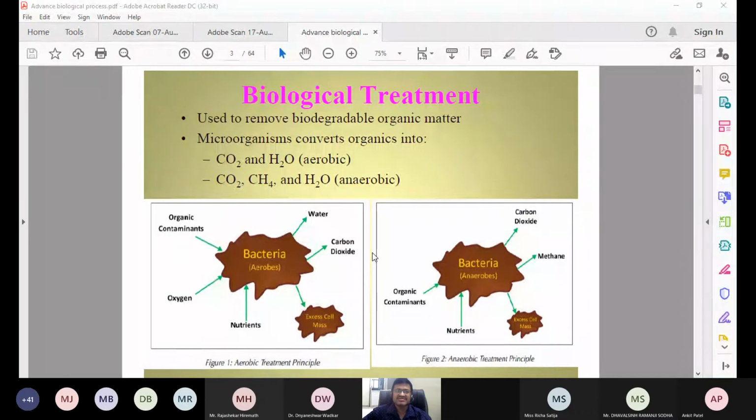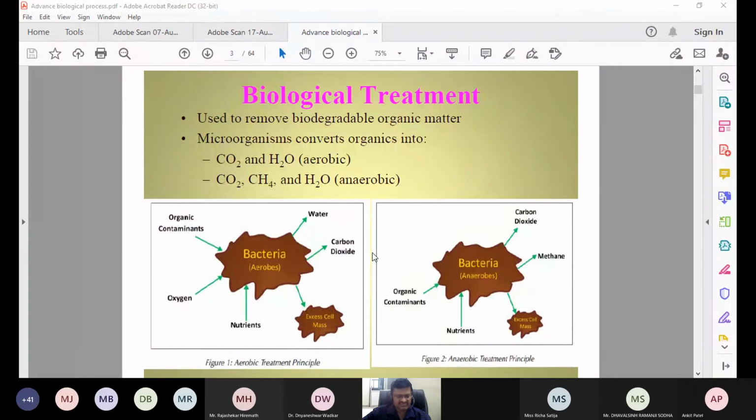Because then this reaction is very slow. Anaerobic takes days to degrade, and many gases will also be involved. You may have noticed in the nala, where a very high amount of organic matter is put, the DO becomes 0, and then anaerobic digestion starts, and in anaerobic degradation, these gases will be released.